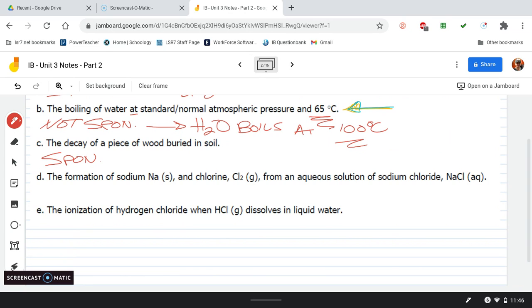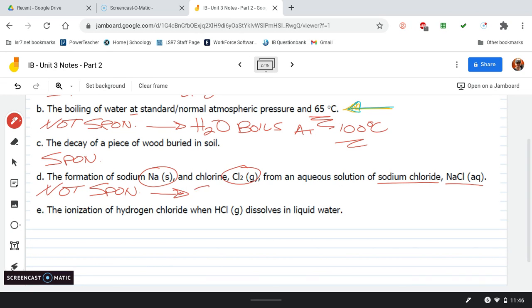So this is saying, do we make sodium metal and chlorine gas from salt water? Because that's what that is. Sodium chloride is salt water. And thank goodness that this is not spontaneous.